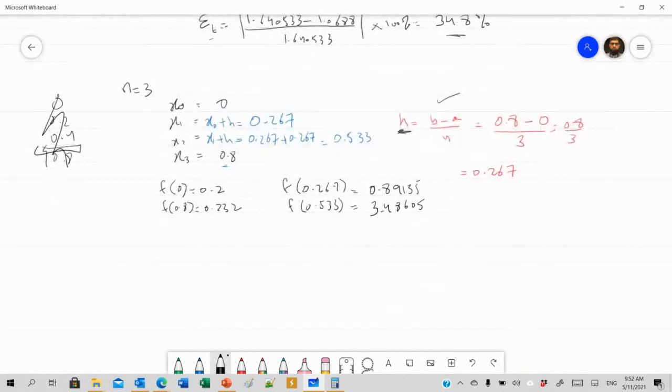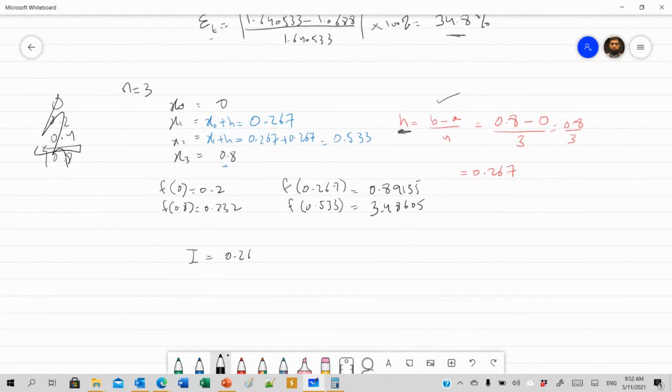Okay, now our integral is h, which is 0.267 divided by 2, times 0.2 plus 0.232, the endpoints, and inside everything multiplied by 2, so 0.89135 plus 3.48605.